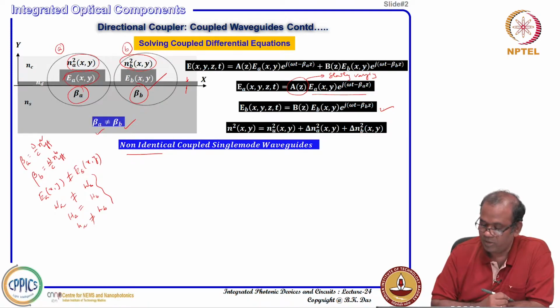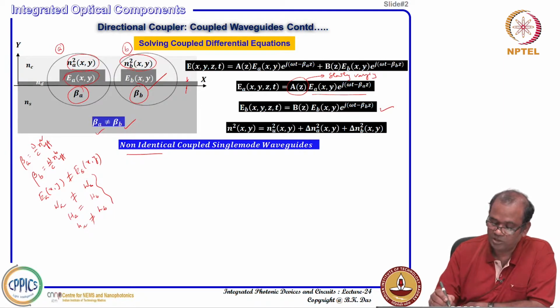The waveguide mode B is slightly or weakly influenced by the presence of waveguide A, and that amplitude will be slowly varying as a function of z.